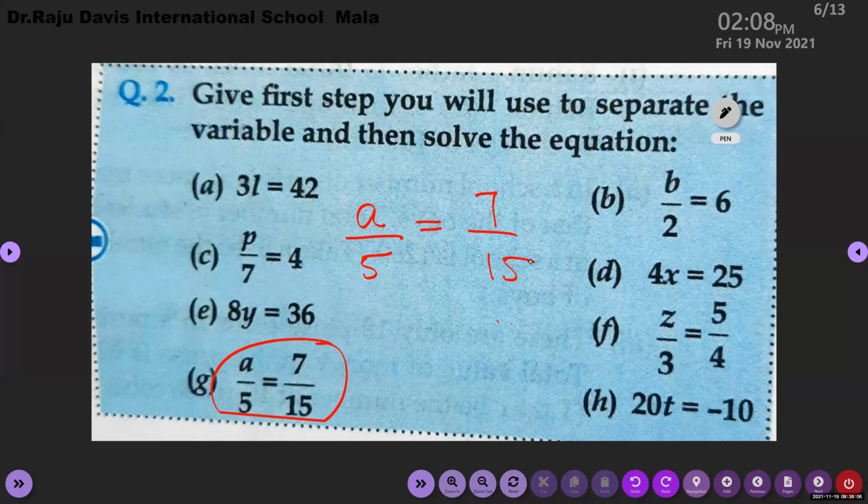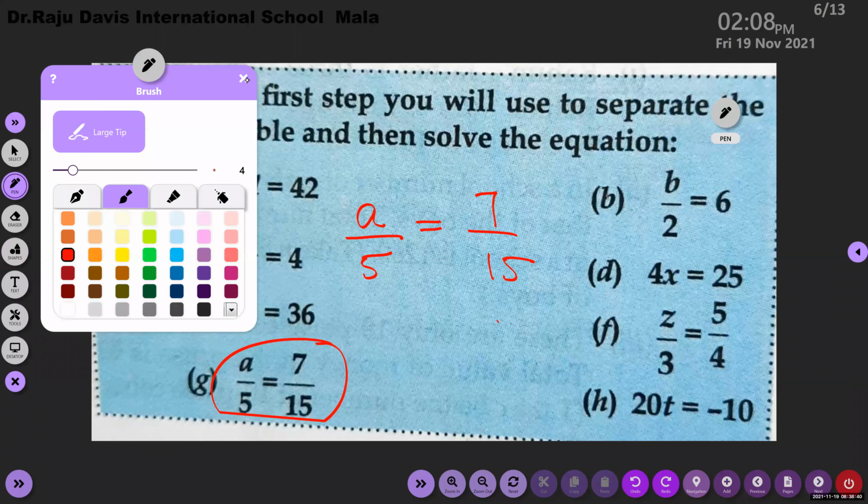What is the value of A here? All of you do it. I'll ask anybody else if she cannot answer. Sanaika, what is A? Which number we have to shift to the right side now?